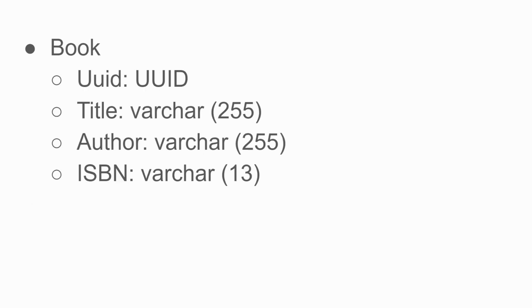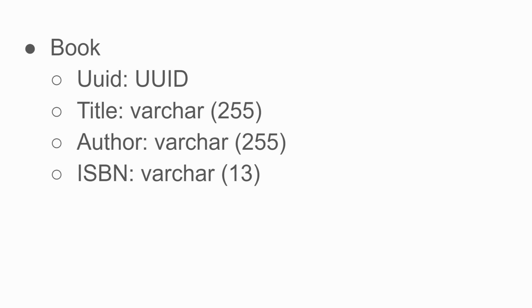Now let's take a look at how our book entity will look. It will have 4 fields. The first field will be the UUID, which is a universally unique ID. This ID is unique across the whole application. The second field is the title. It's a field of type varchar of length 255. Then we will have the author field.